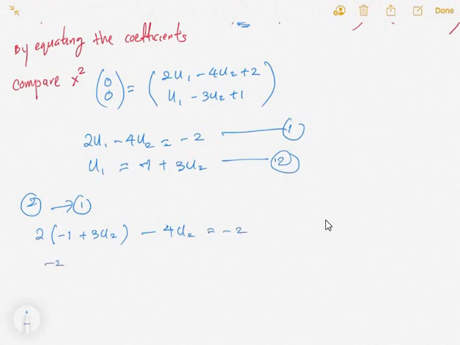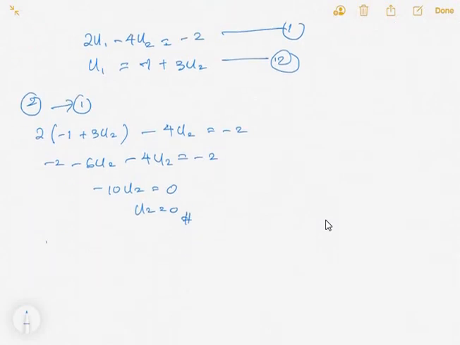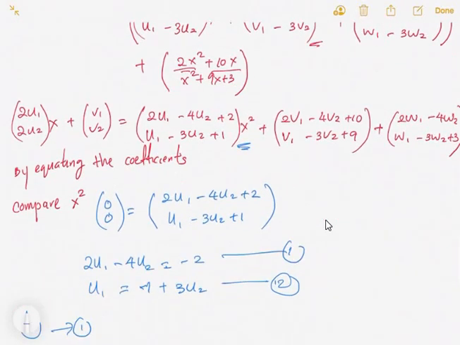So you have negative 2 plus 6u2 minus 4u2 equal to negative 2. So you have negative 10u2 equal to negative 2 plus 2, which is 0. So u2 is equal to 0. And then u1 is negative 1 plus 3u2, which is referred to here.